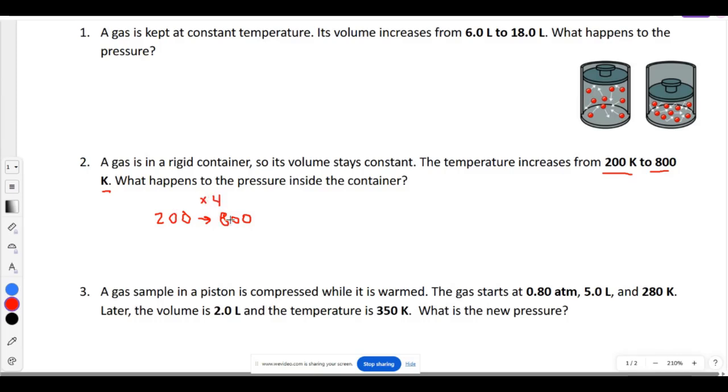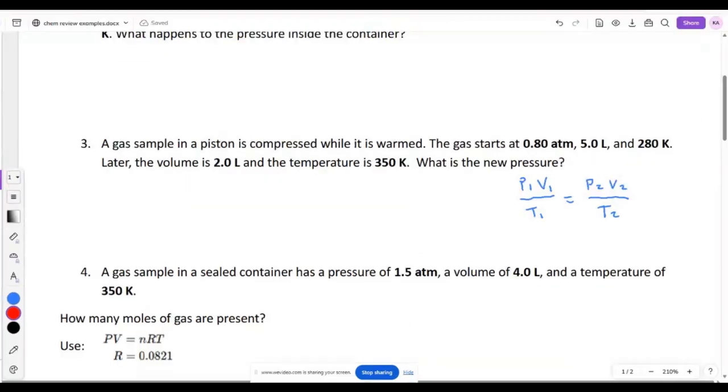So since the temperature increased by 4 times, the pressure is also going to go times 4. It doesn't say what the pressure was, but if it was 1 atmosphere, the pressure is going to increase times 4, so it'd be 4 atmospheres. There's number 2.